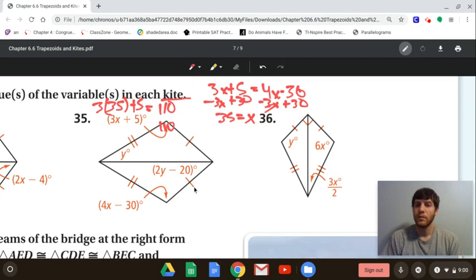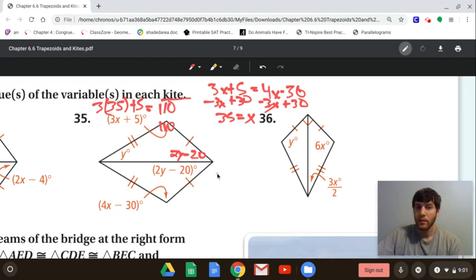Another property of kites is that the other pair of angles, opposite angles, is going to be bisected. So this pair of opposite angles was congruent. This pair gets bisected. So if the bottom half is 2y minus 20, the part up here is also 2y minus 20. And then we know the three angles of a triangle add up to 180 degrees. So we can add those all up.